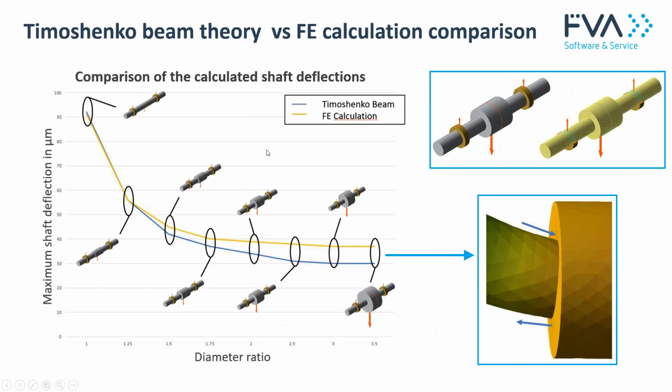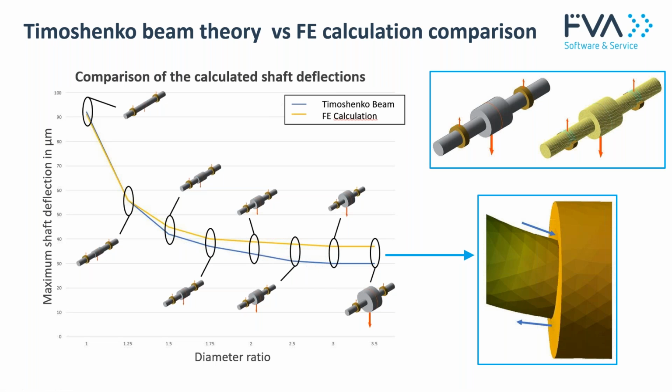Then I would like to show you a small comparison that we did. I mentioned we use a Timoshenko beam model for our shaft, and we did a quite simple setup: a shaft with a bearing on the left and right side, so a symmetric setup, and a load in the center. We compared our Timoshenko solution with a finite element solution in the form of a reduced stiffness matrix, as we usually use in our model.